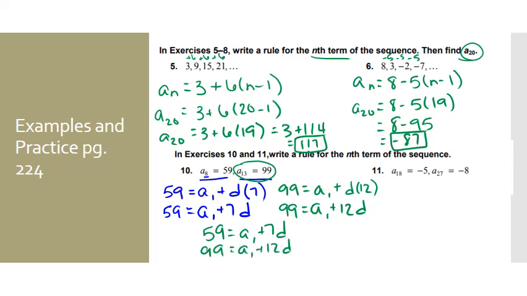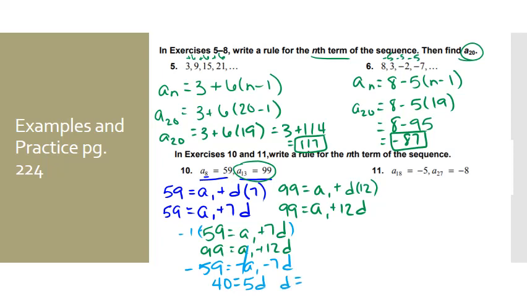So what that means is I can multiply one of these by negative 1. So I'd have negative 59 equals negative a sub 1 minus 7d, in which case that cancels out. 99 minus 59 would be 40, which is equal to 5d.